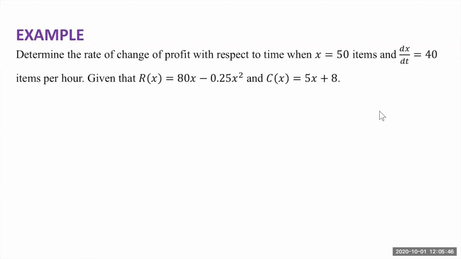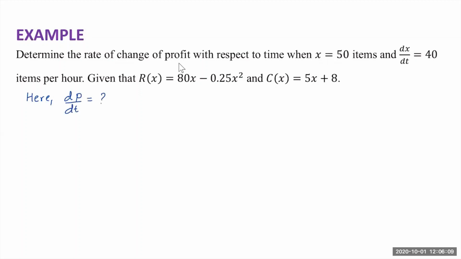I don't think we need to draw any kind of picture here. Instead, let's first write what is given. So here, what we have to find is the rate of change of profit. Okay, we have to find the rate of change of profit, that is change in profit with respect to time.